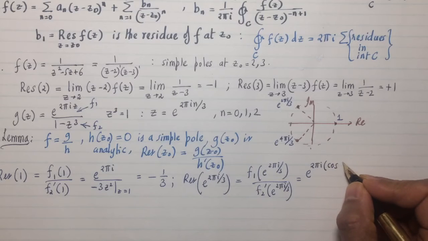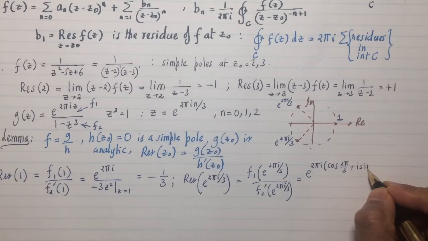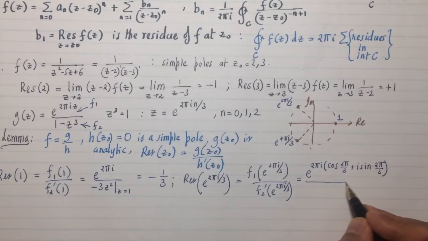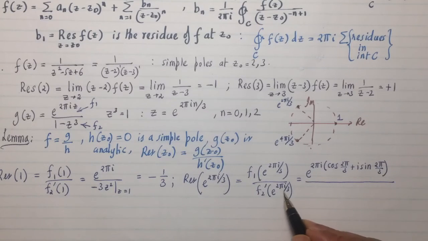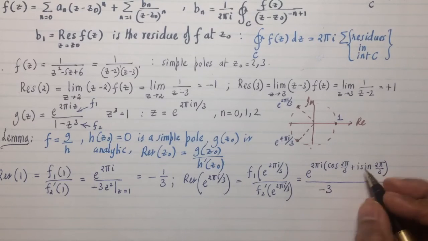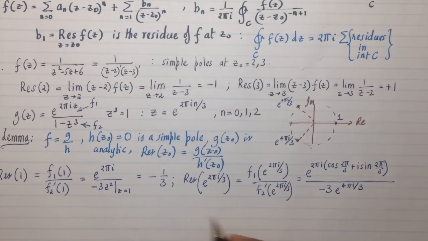It is cosine 2 pi over 3 plus i sine 2 pi over 3. And now the derivative is again negative 3z squared, but at this new value. So that's negative 3 times, when I square this, I get e to the 4 pi i over 3. Let's proceed to simplify this.